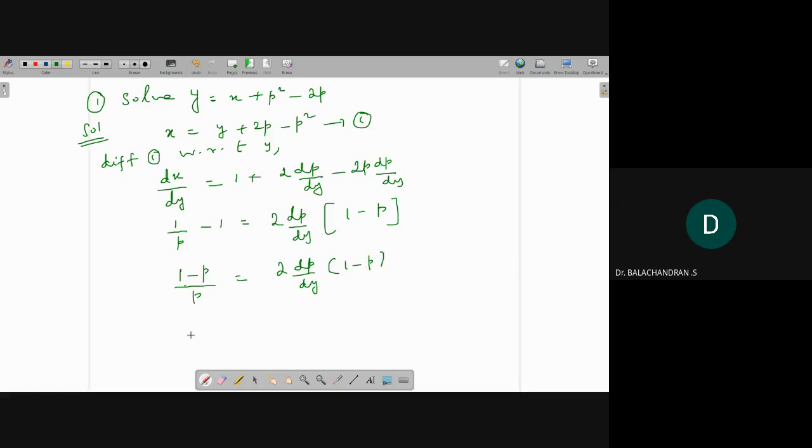From this you can write 1 minus p equal to 2p into (1 minus p) into dp by dy, or you can take 1 minus p commonly, the remaining is 1 minus 2p into dp by dy.